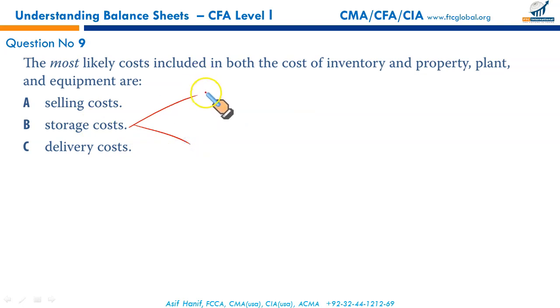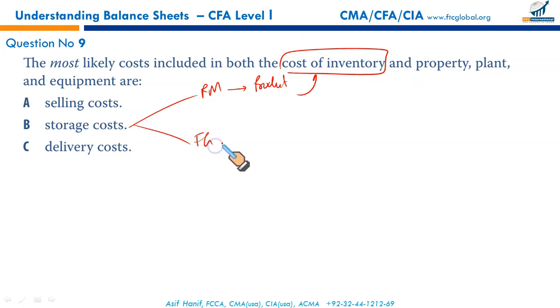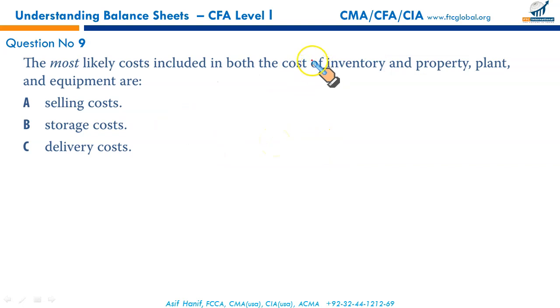A storage cost specifically incurred for raw material is considered as a part of product cost or the cost of inventory. But storage cost for the finished goods, when the goods are completed, is considered as a period cost. But since it doesn't require this much in-depth knowledge regarding cost management, which is a specific domain of CMAs, selling cost is considered as a period cost, considered as an expense in the period in which it is incurred.